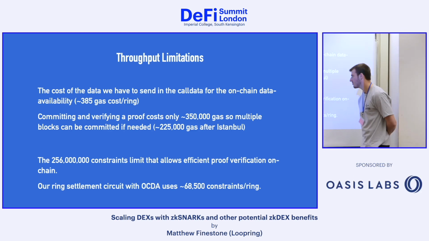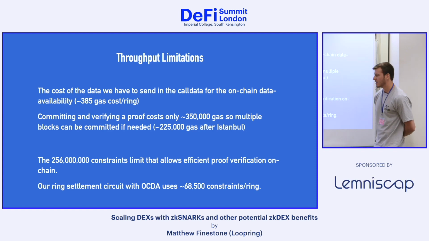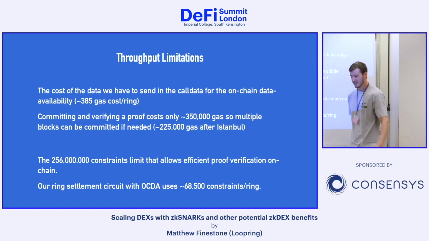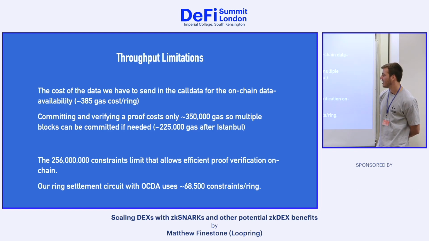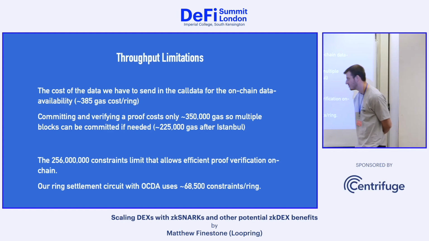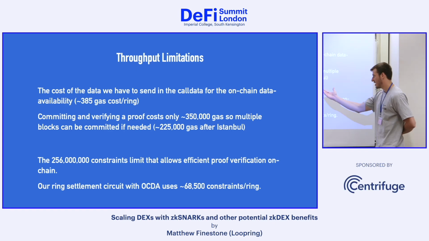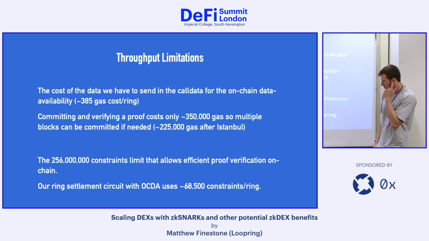This number comes from the fact that the elliptic curve we use has 2 to the power of 28 constraints. That's 2 to the 28 of alt BN 128. That is something I would be able to change with a different elliptic curve.